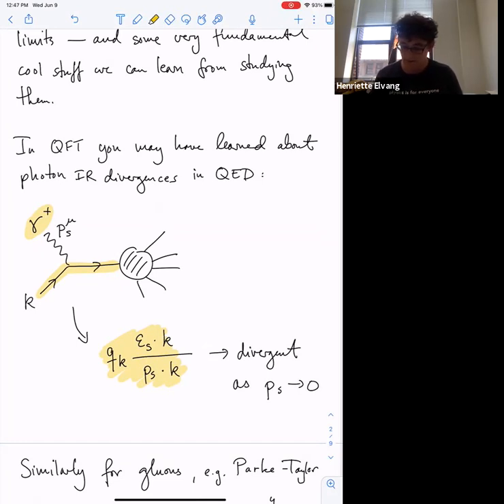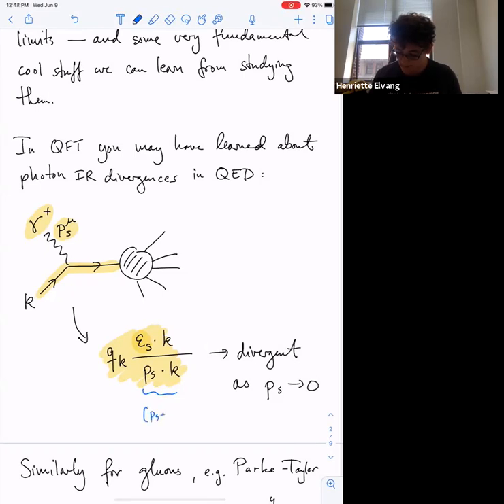And then there's a polarization for the particle that we're going to take soft, the photon. It's contracted into the momentum of the electron, and divided by p_s·k, which is basically coming from the momentum of the propagator. So this is the propagator term that sits here.